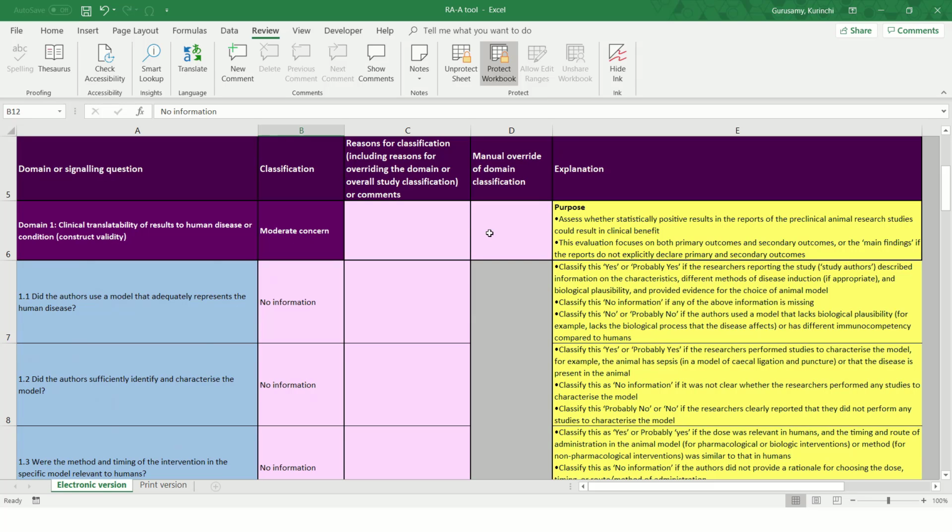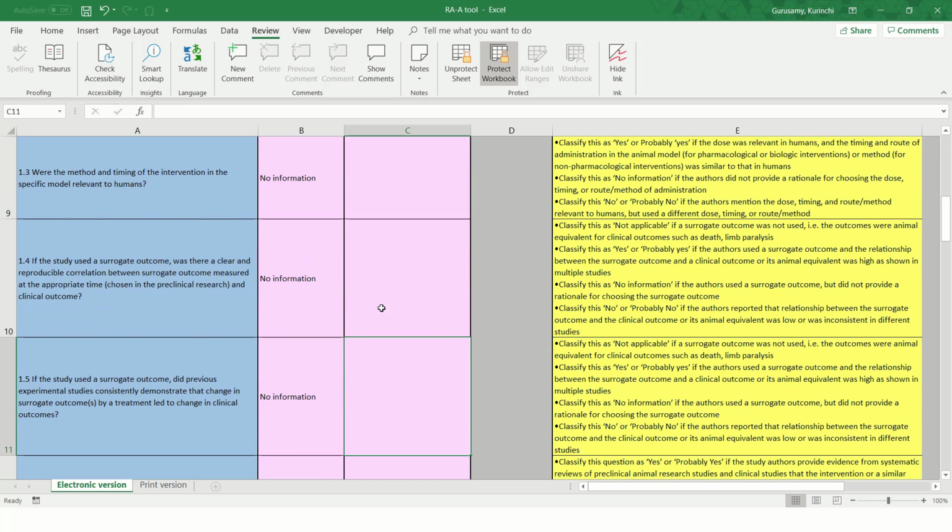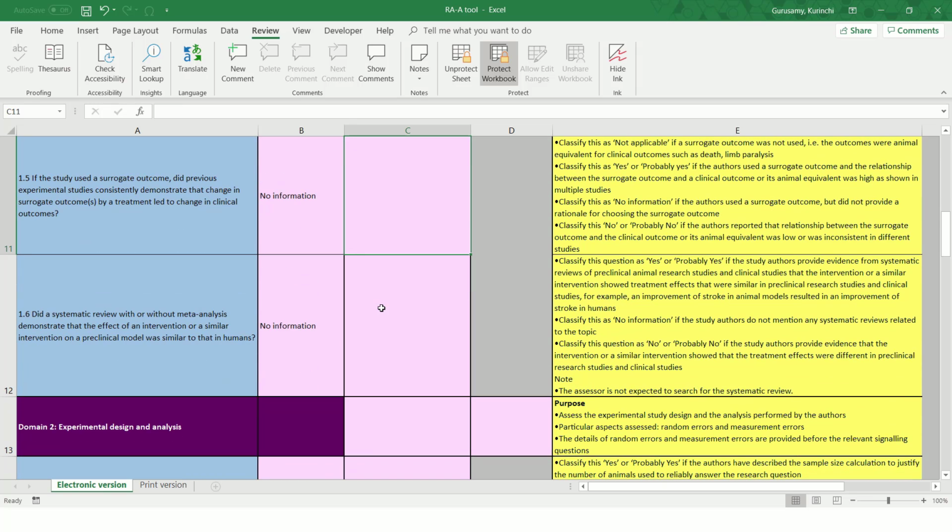Now if you want to manually override this, you can complete this. I've been just using this form. You might want to complete this again, but then what do we complete? Because there is no information, there is nothing to complete there. If we say low or high, then there is something to complete, but there is nothing to complete here, so you can leave it blank.